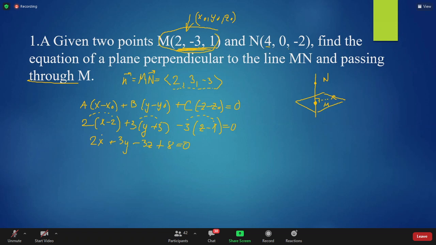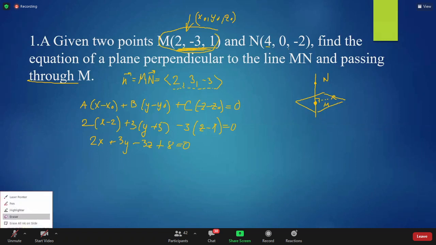Both these equations are perfectly correct. I will accept one or the other, it doesn't matter too much. These two equations, in principle, mean the same thing. In one case, the parentheses are opened and the like numbers are combined. In the other case, we just see the point and the normal vector. Both are perfectly right.